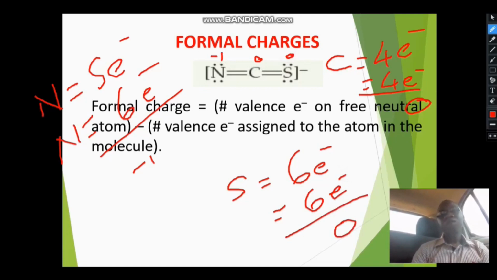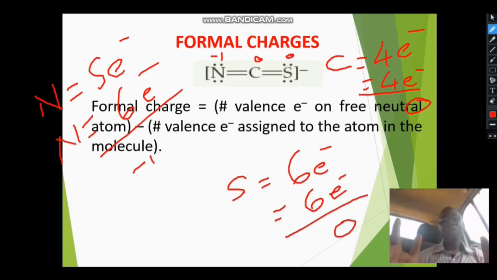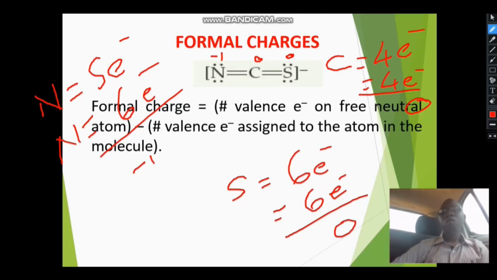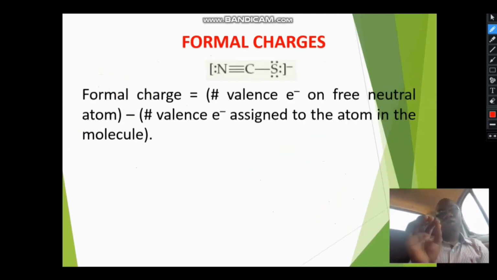Remember, if you sum up the formal charges, it should give you the final charge of the molecule. At this point, you can try to work out the formal charges of the third possible Lewis structure. I hope you will find that nitrogen will have a formal charge of 0, carbon will have a formal charge of 0, while sulfur will have a formal charge of -1.